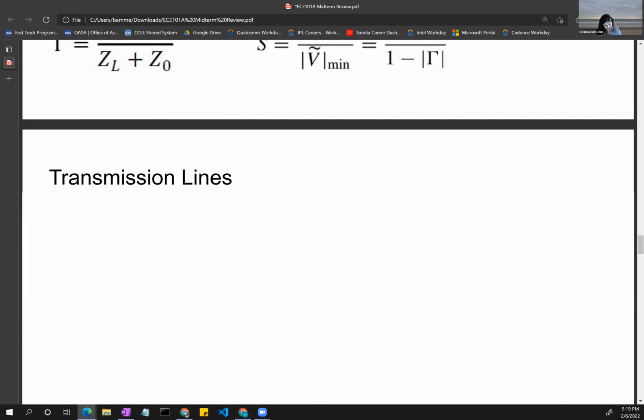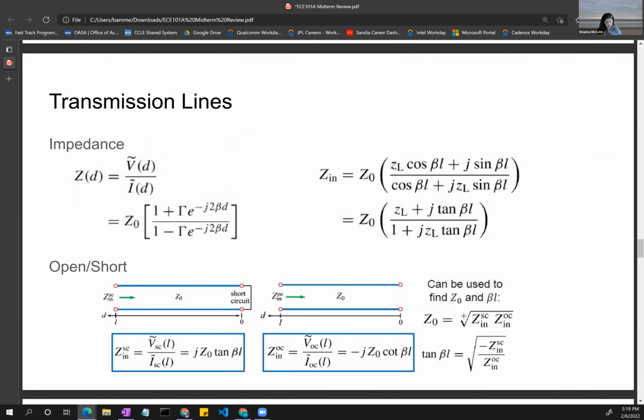Other important parameters are the impedance, the overall impedance, the input impedance, and what an impedance looks like when it is connected to a line, because due to the properties of a transmission line, if you have a shunt or an open, then that's going to appear differently if you're a certain number of wavelengths away from that impedance.